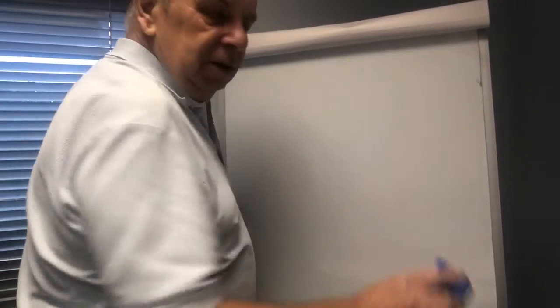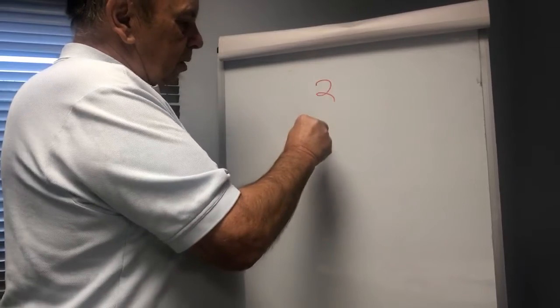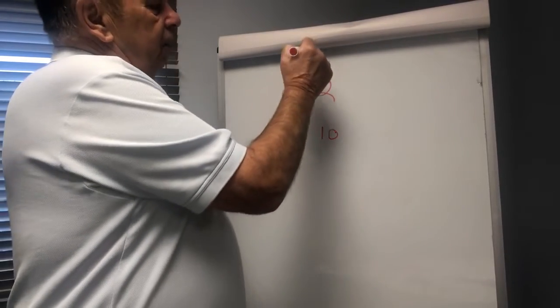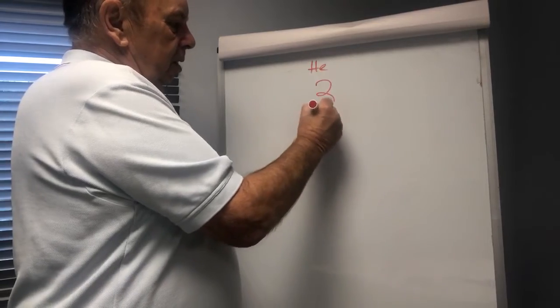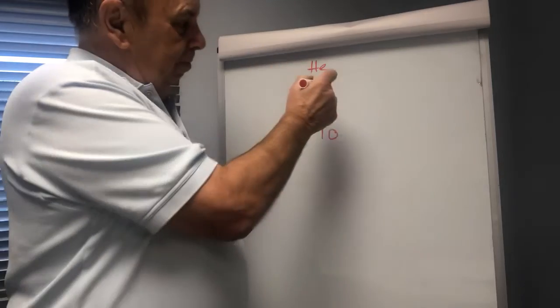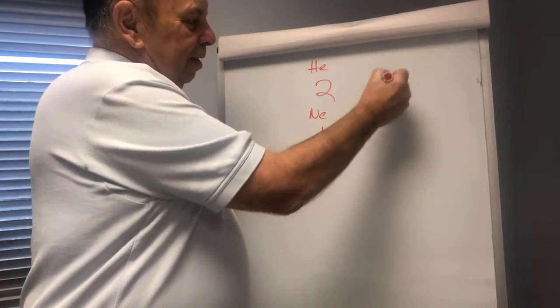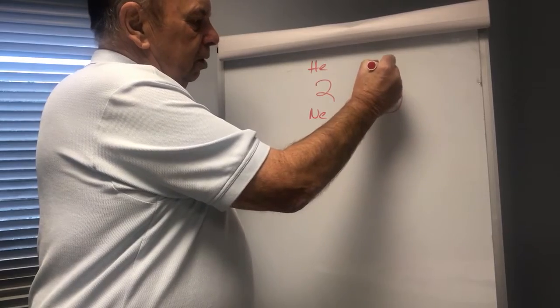Let's look at that in a bit more detail. 2 and 10. This is helium, this is neon. Helium's got a structure, there it is. There's the nucleus, neutrons and protons.